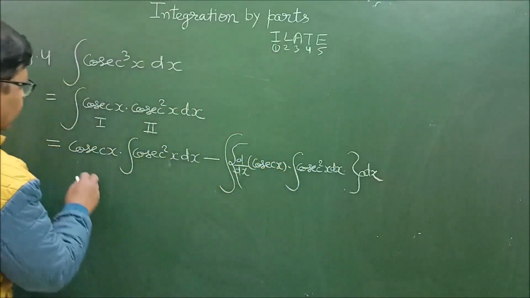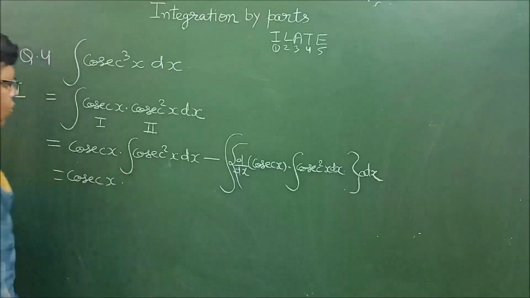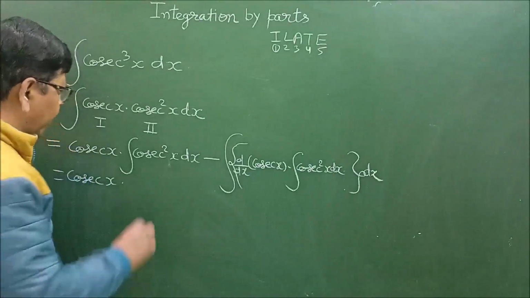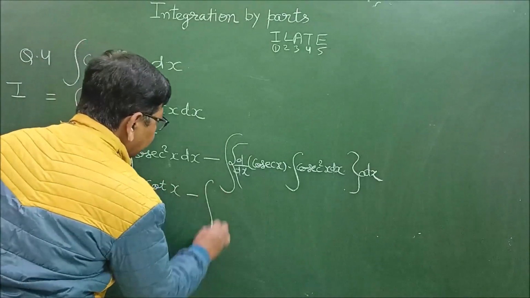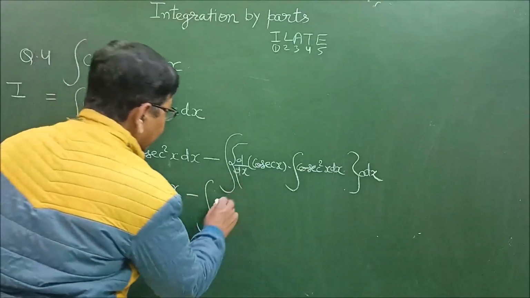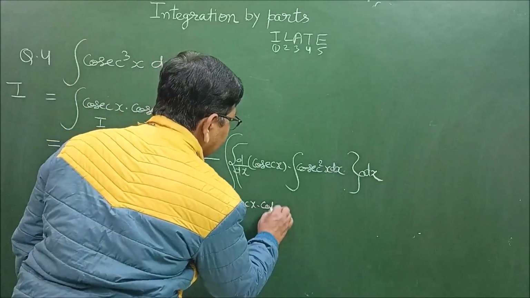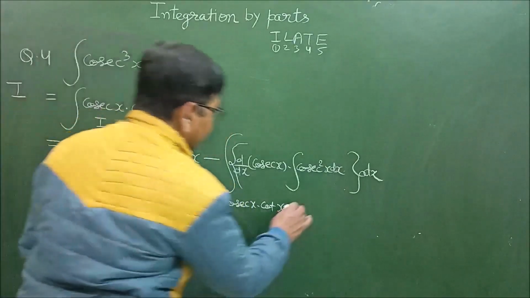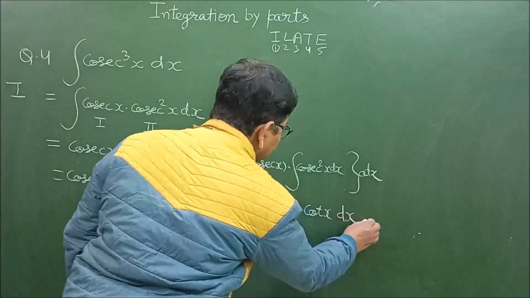So this is equal to cosec square x, cosec x into integration of cosec square x, which is minus cot x, minus integration of d/dx of cosec x, which is minus cosec x into cot x, and integral of cosec square x is minus cot x dx.